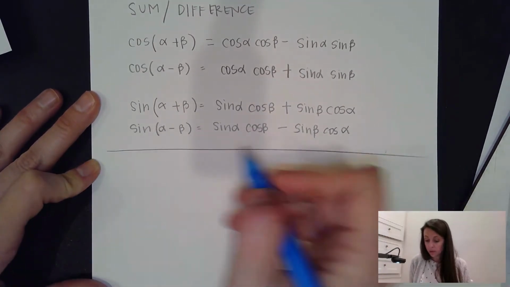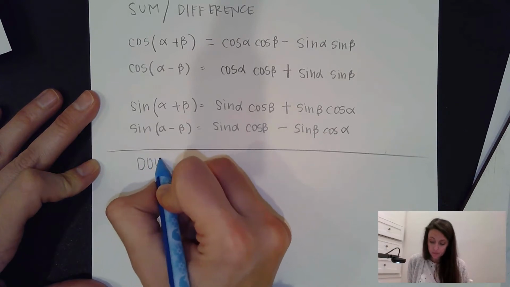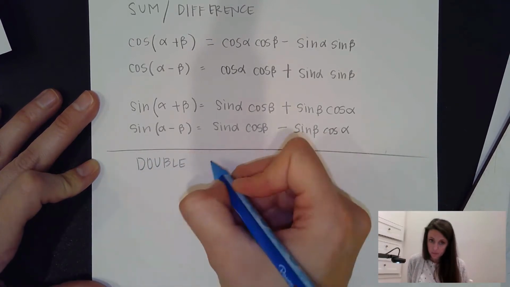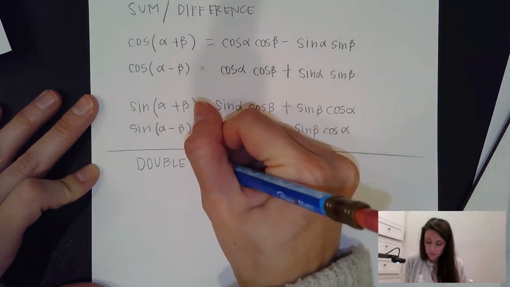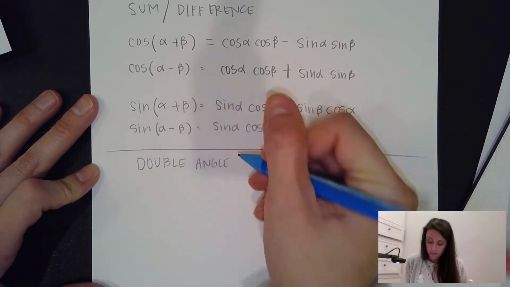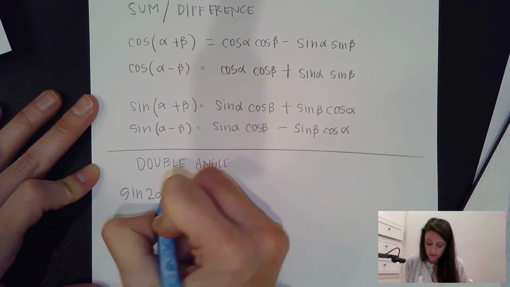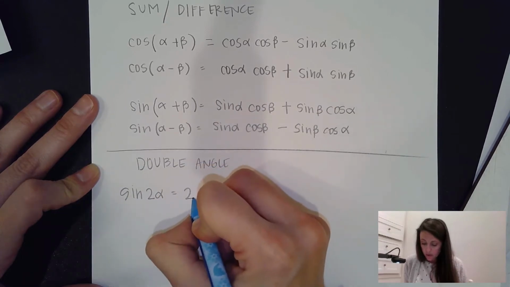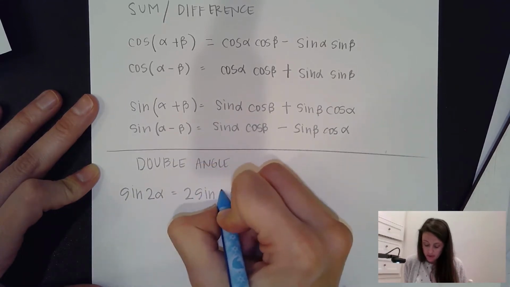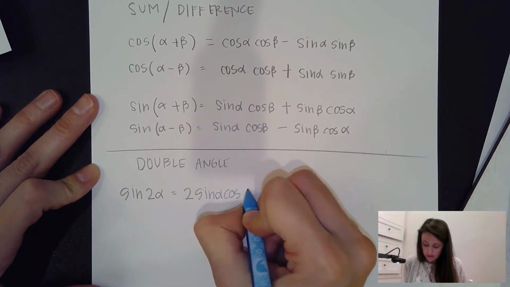The double angle. So the double angle for sine, so if it was sine of 2 times alpha, then it would be 2 times sine of alpha times cosine of alpha.